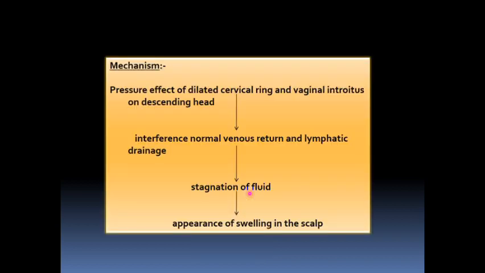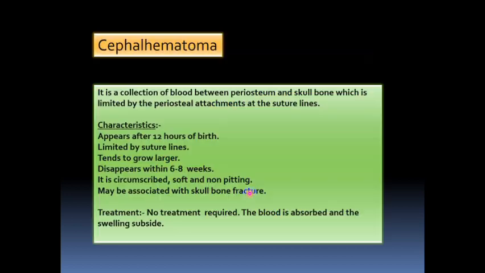The pathophysiology of why the patient has caput succedaneum is the effect of pressure of the cervix and the vagina. It interferes with venous return and lymphatic drainage, leading to stagnation of fluid and thus formation of caput succedaneum. The other abnormality is the cephalhematoma, and from its name, hematoma indicates a collection of blood between the periosteum and the skull bone.